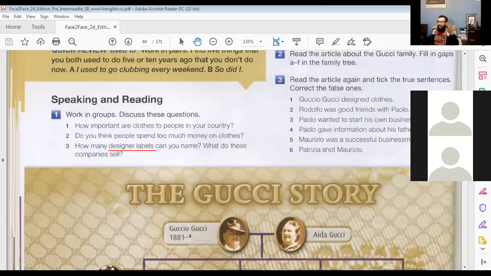Calvin Klein. Chanel. Versace. Prada. We've got 8 now. You need 10. I need Yves Saint Laurent.